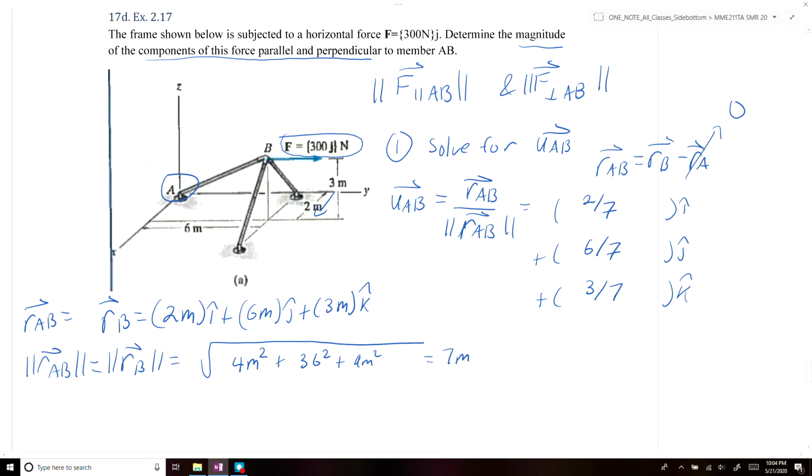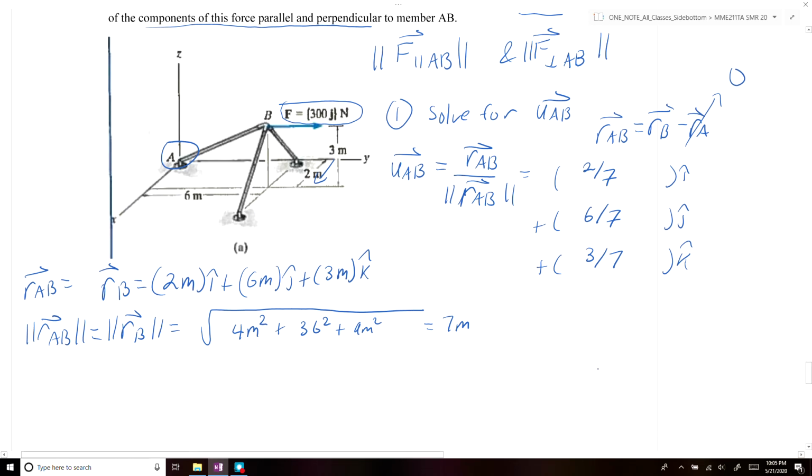All the meters will cancel out, and we'll be left with our unit vector, which should have no units. Once we have UAB defined as a vector, we can take the dot product. We know that the force that is parallel with UAB is equal to the dot product of our force times UAB.